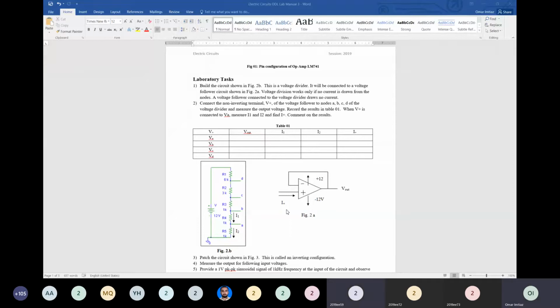It's 0 ampere. Yes, the input current to an operational amplifier is 0 amperes ideally. So I positive should always have a very small value or a 0 value, and I1 and I2 should have equal values because I positive is going to be 0.